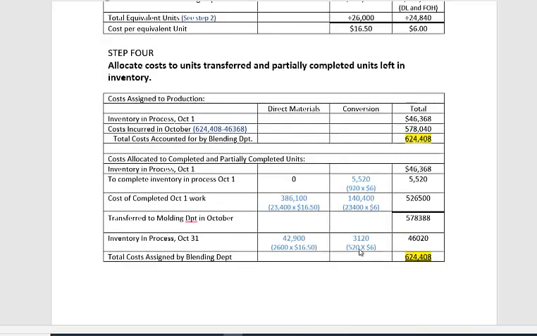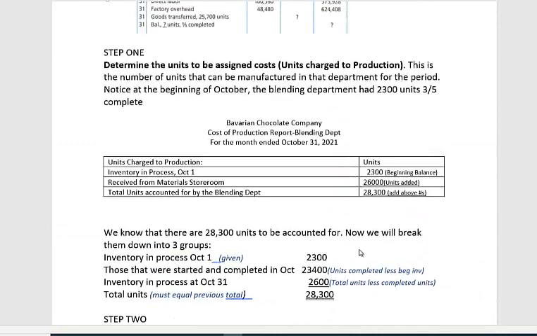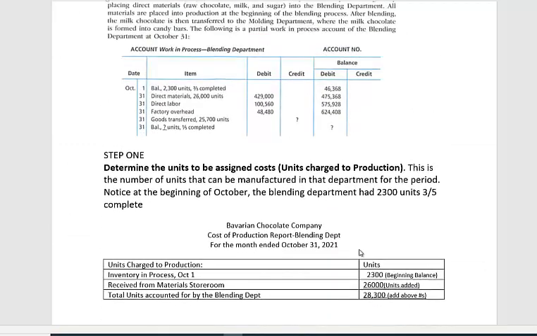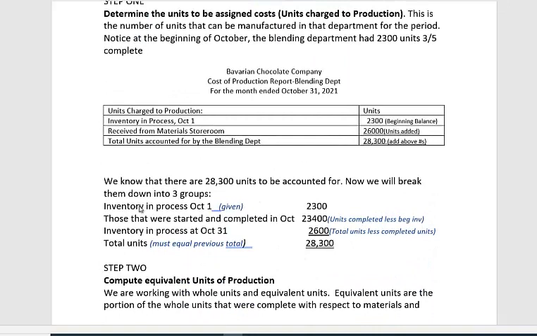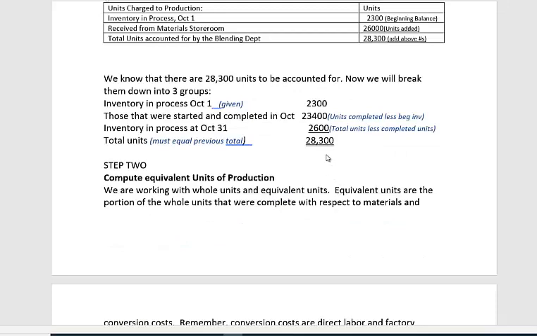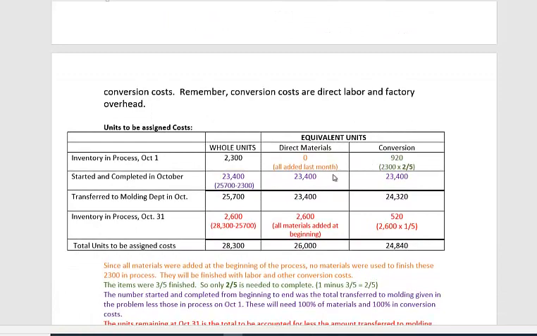So let's just go back through our steps. It looks sort of overwhelming, but it's not so bad once you kind of understand the process. We started by calculating the total number of units that we were going to be accounting for, and we divided those units into the three categories: the beginning inventory, the units that were started and completed, and then the ending inventory. Then, using the units in each category, we calculated our equivalent units of production.